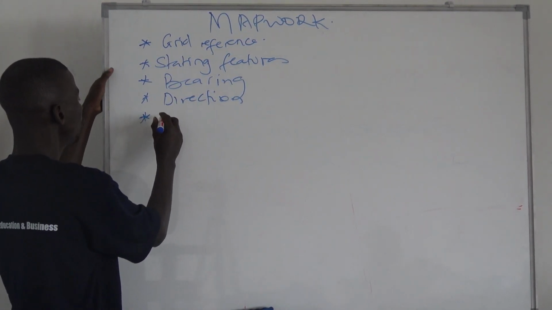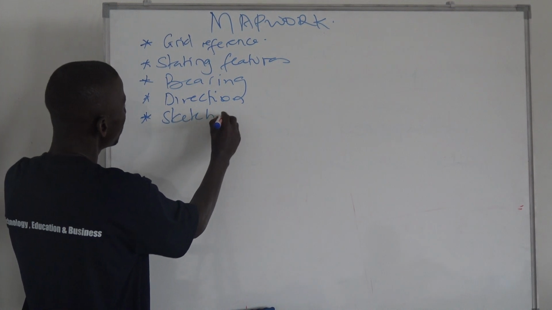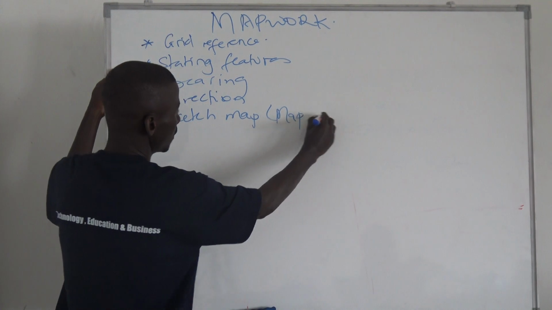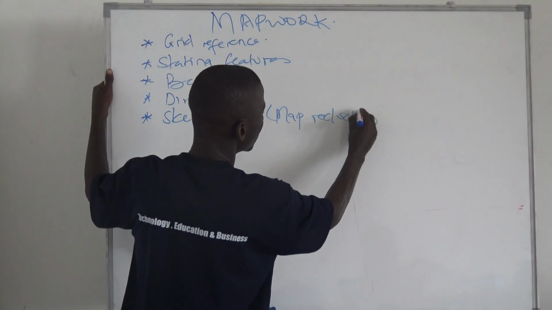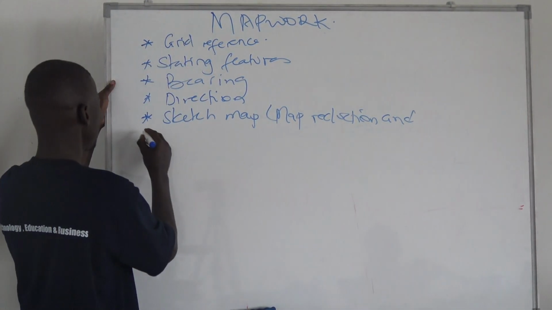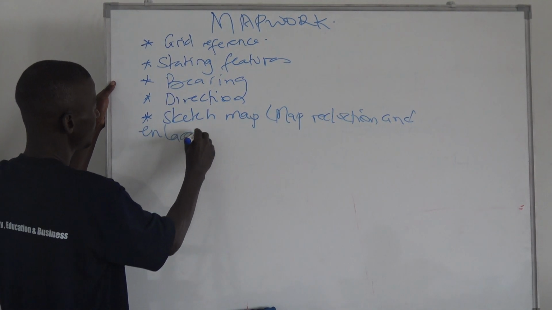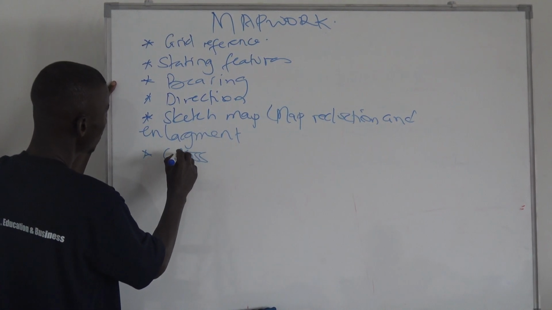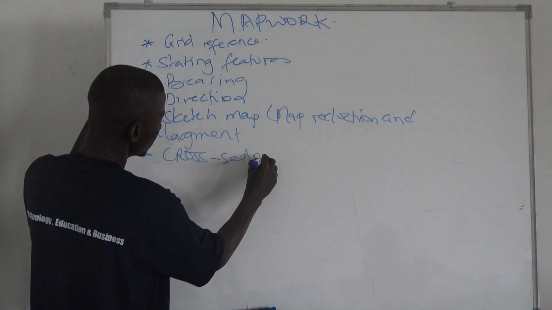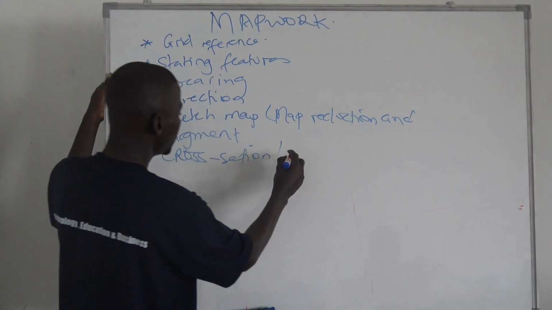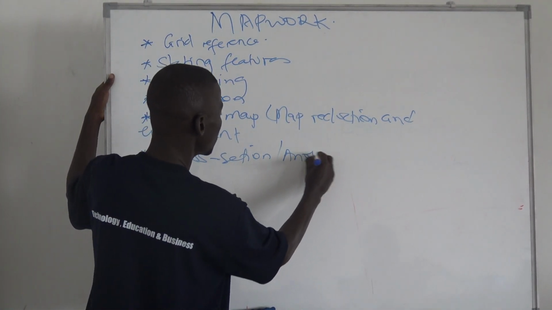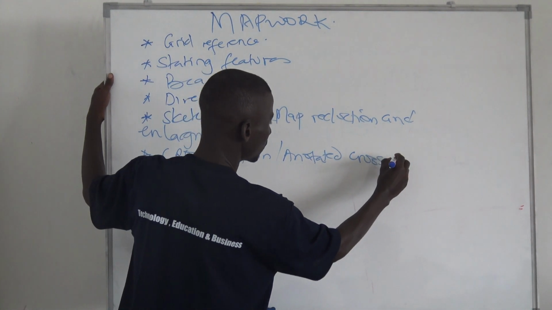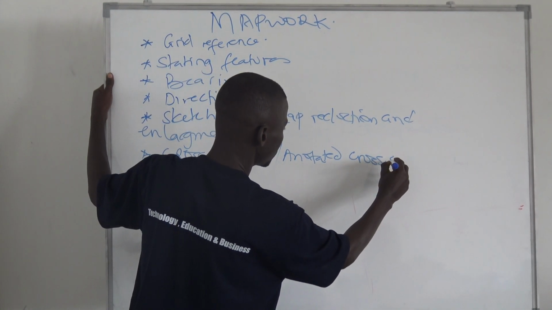Then it is comprised of sketch drawing, sketch map. Sometimes we call it map reduction and enlargement. Then cross section, also known as annotated cross section, or relief section.